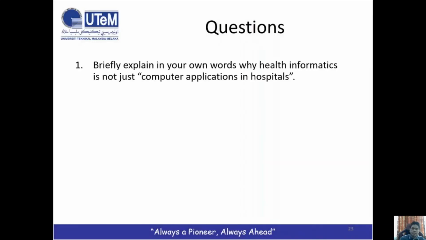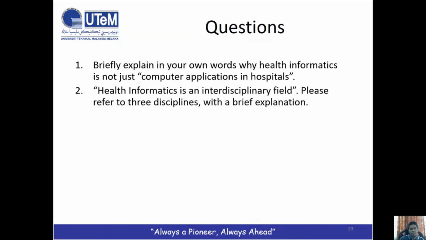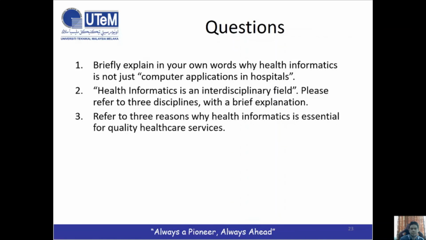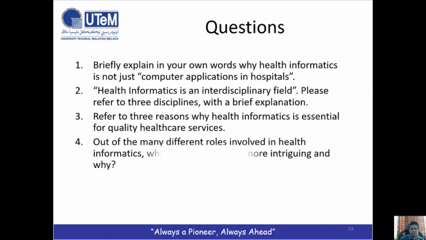Okay, the questions, try to answer by yourself. Briefly explain in your own words why health informatics is not just a computer application in hospital. Health informatics is an interdisciplinary field. Please refer to three disciplines with a brief explanation, and give three reasons why health informatics is essential for quality healthcare services.